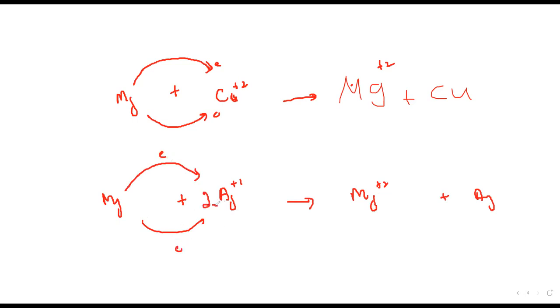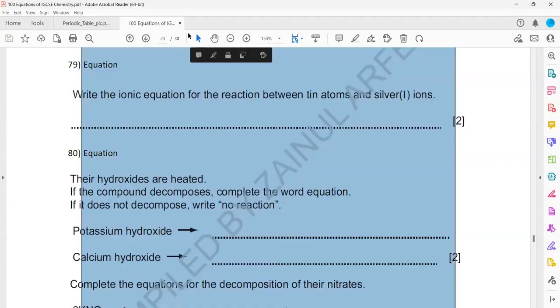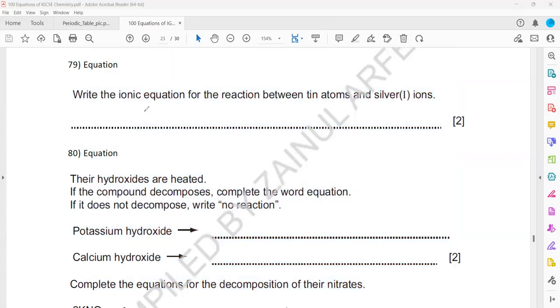There should be 2 silver ions to take 2 electrons, and it will form 2 silver atoms. That's why here we write Sn reacting with the silver ion.